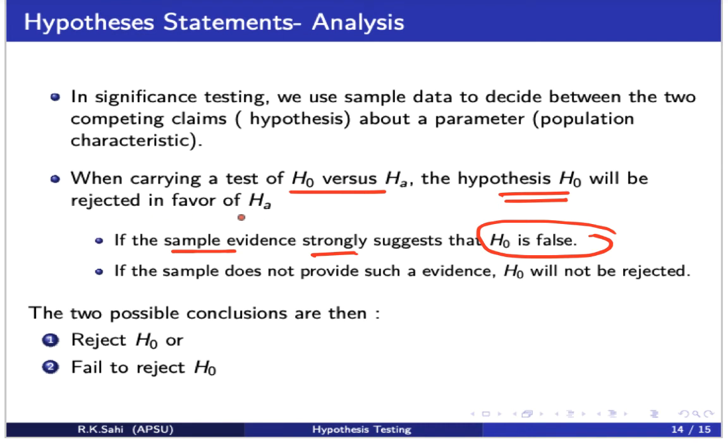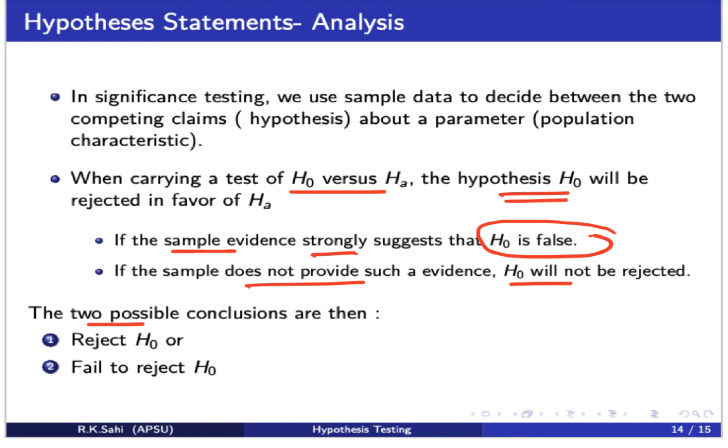But if the sample does not give us such evidence, we say, nah, it's not going to work. We fail to reject the null hypothesis. So there are only two possible conclusions: rejection of the null hypothesis, or failure to reject the null hypothesis.